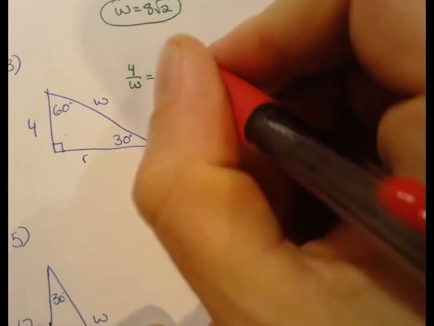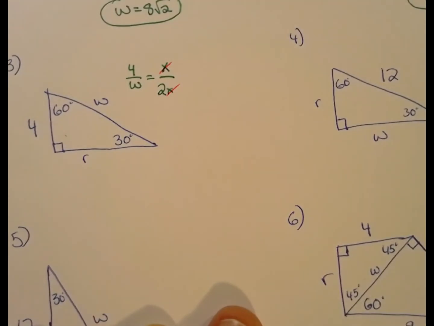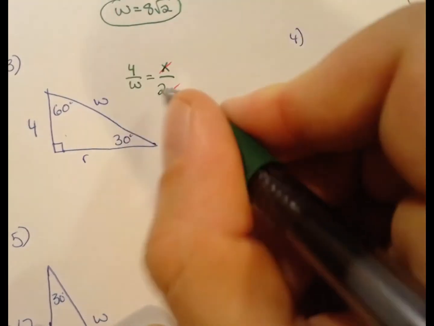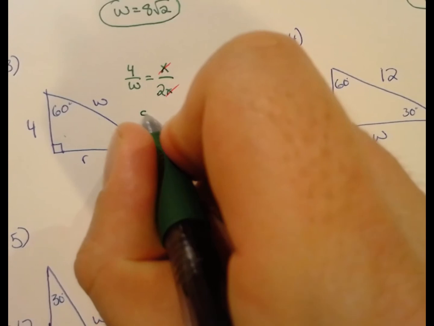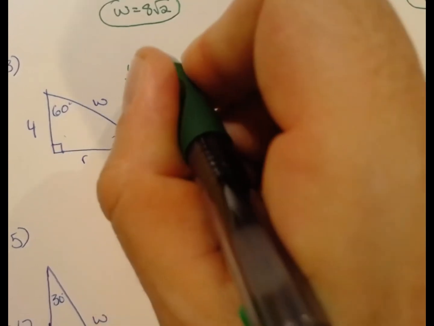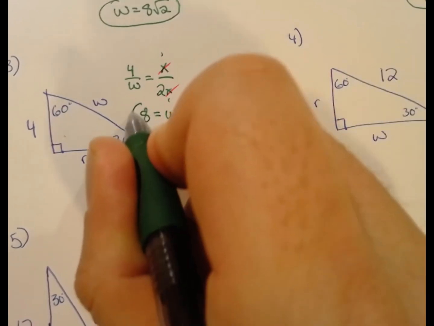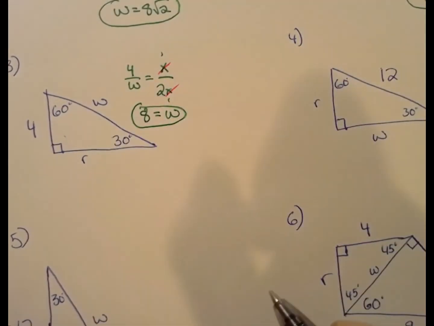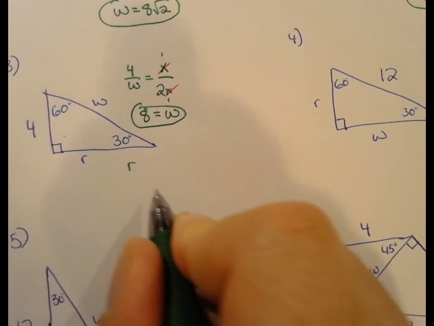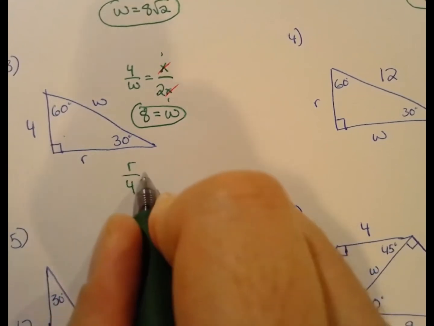Per usual, x's factor out. And now when we take the cross product, 2 times 4 is 8. W times the 1 is left over. W times that 1 is w. We have that. Okay, r and 4.